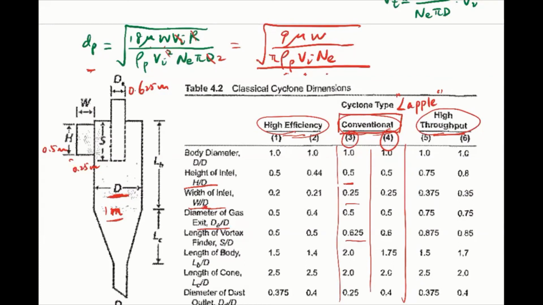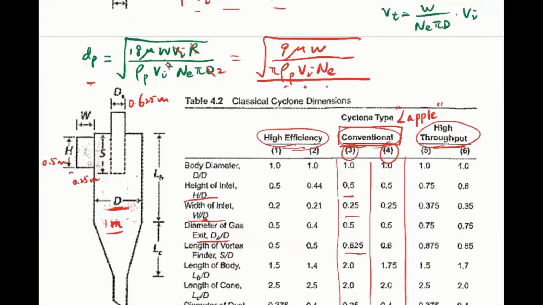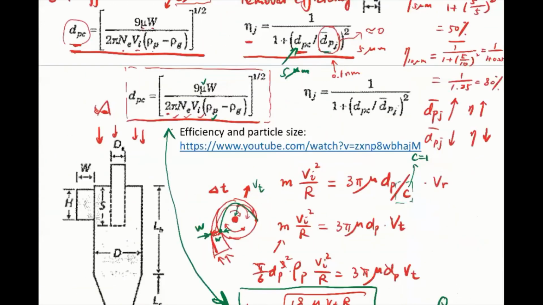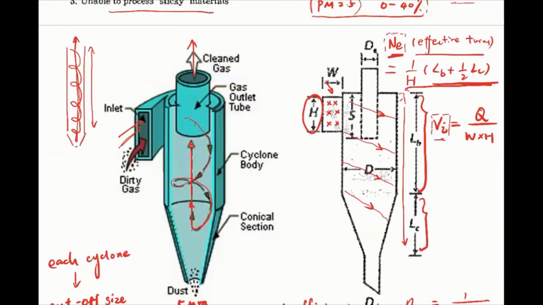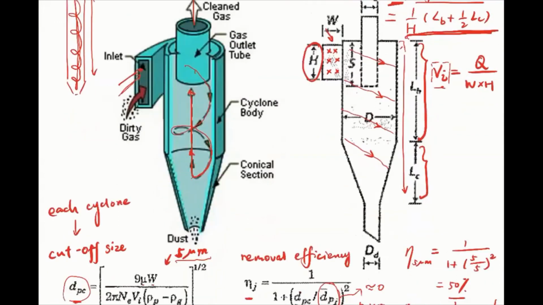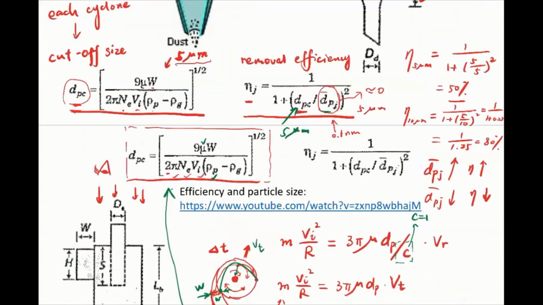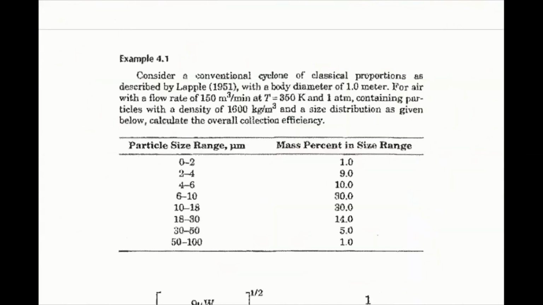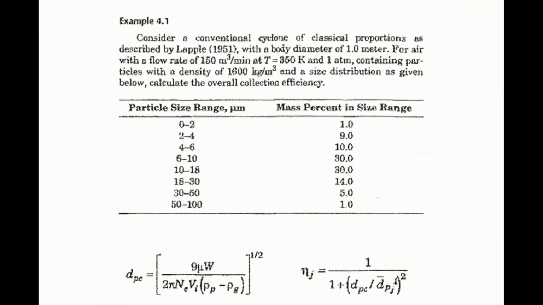And the number of effective turns. So the number of effective turns we already showed here. It's dependent on the cyclone dimensions, right? So with all of these parameters, we can try to solve for what is the collection efficiency at different sizes.